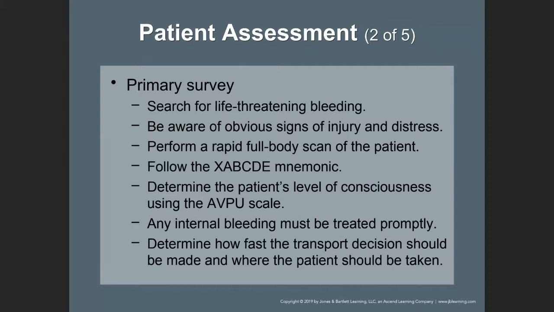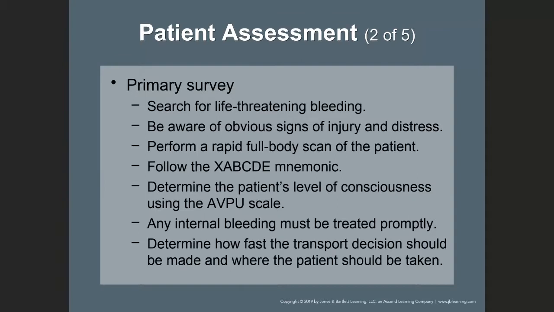Once you have completed your X, A, B, C, D, E, and you have addressed all your life threats at this point, you would know if your patient is a load and go or stay and play. What is your patient's GCS? Does the patient need a rapid scan or focus?